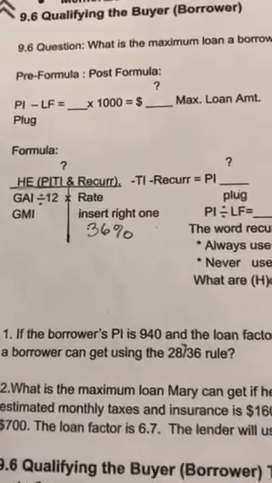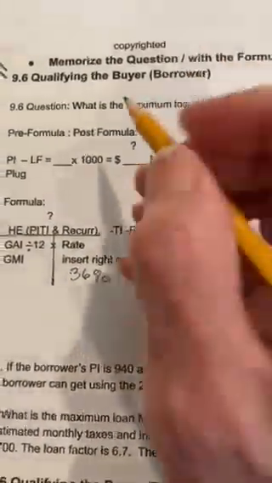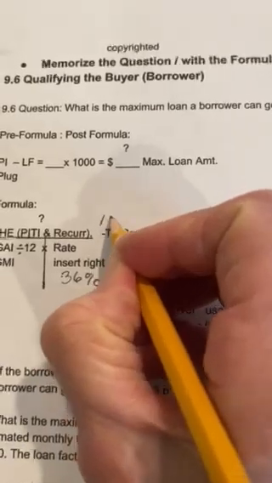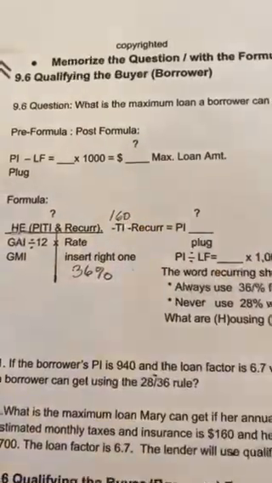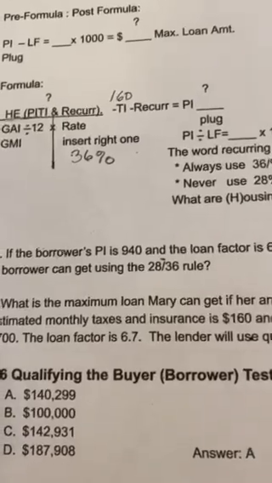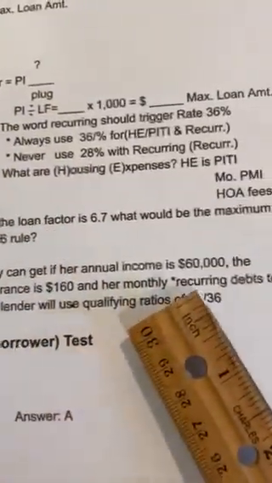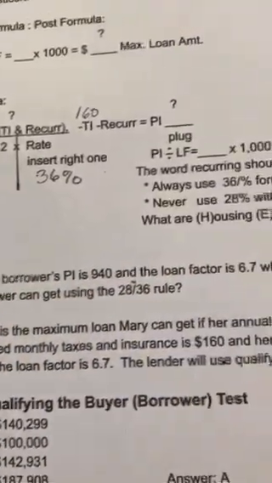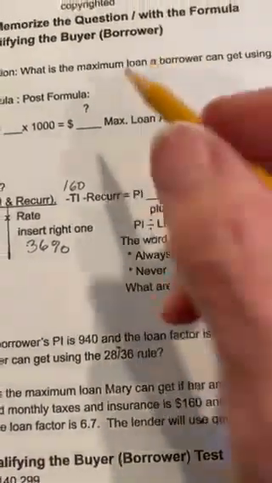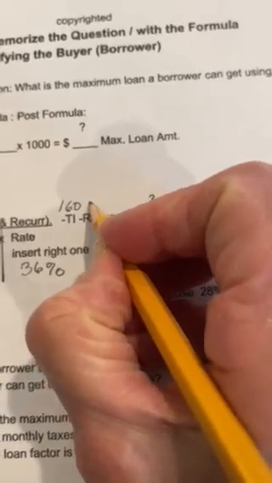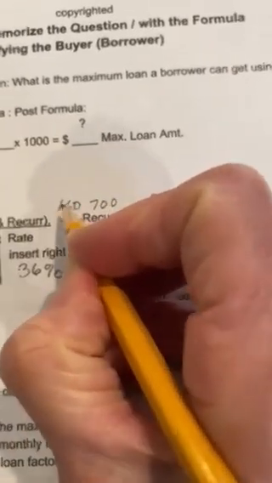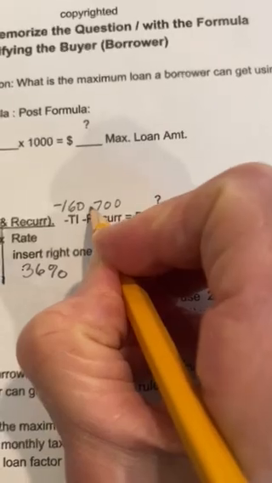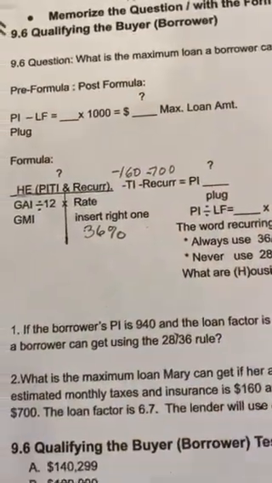So you put minus your taxes and insurance in this problem. So you would put $160 over you minus your taxes. And we know that the recurring debt total is $700. And you're going to minus your recurring, which will be $700. So you minus $160 and minus $700.